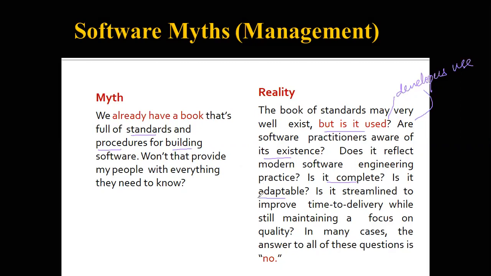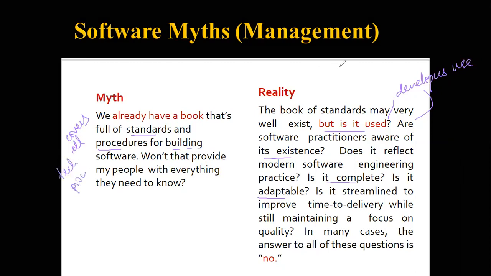Then, is it adaptable? Adaptable means, if you want to run the software on a different computer or a different operating system, whether that program will work properly based upon the standards defined in the book. These are the different questions that arise. This is completely a myth. You cannot have a book that covers all the technologies and procedures.